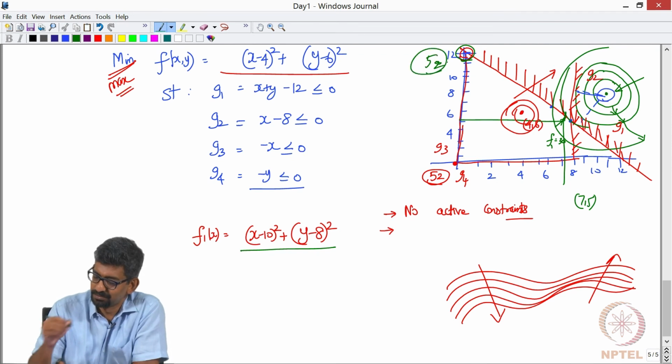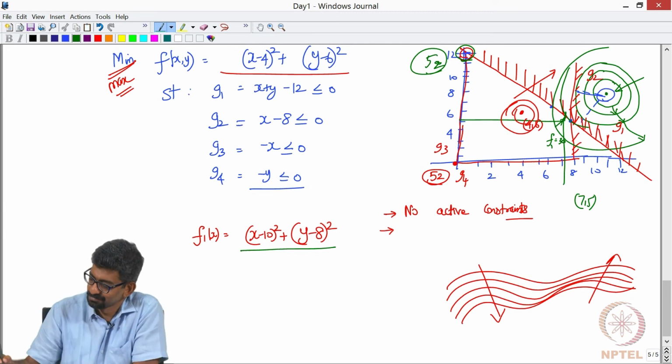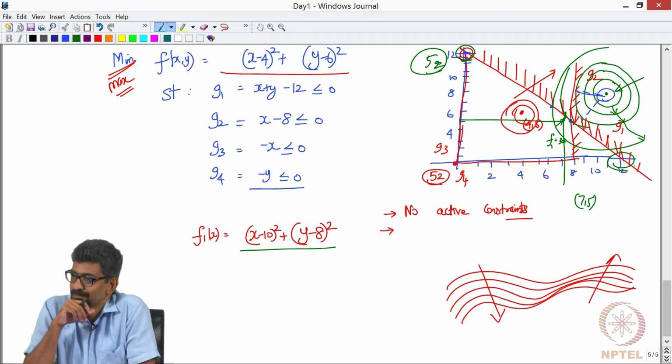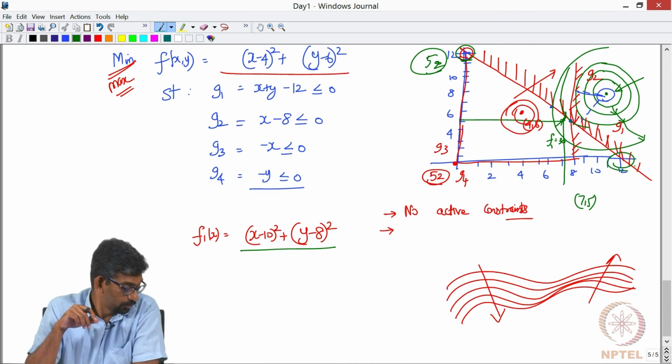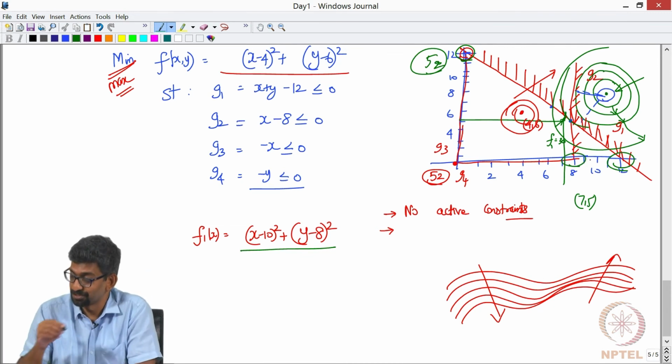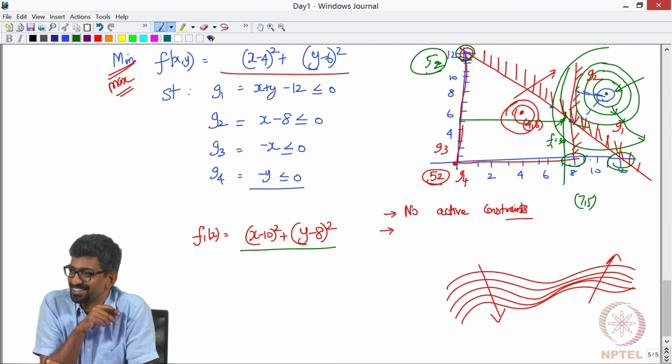Is that all? Sorry, not that point, this point, feasible domain, correct. Accidentally I marked and you are alert.